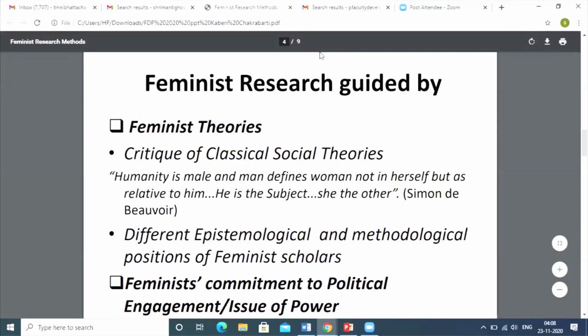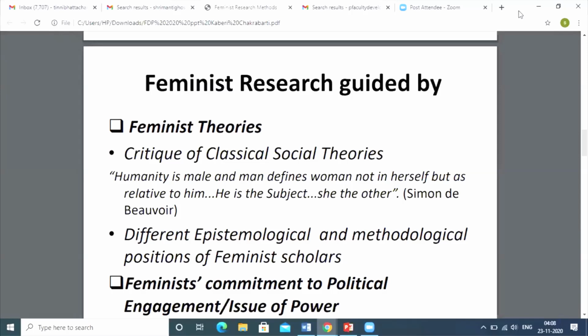So they may broadly term it as the male stream research method. Mainstream research methods, or mainstream research space, is male stream research. And in that argument, feminist scholars, as I have already mentioned, have undertaken different epistemological and methodological positions.